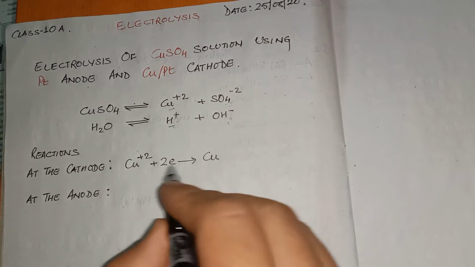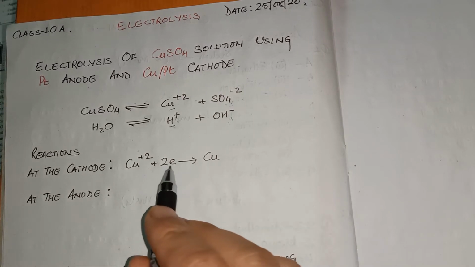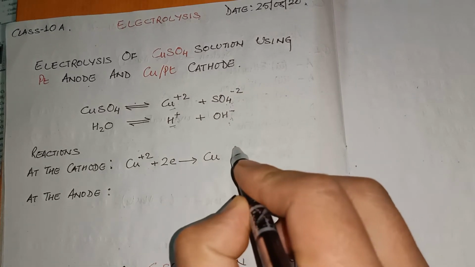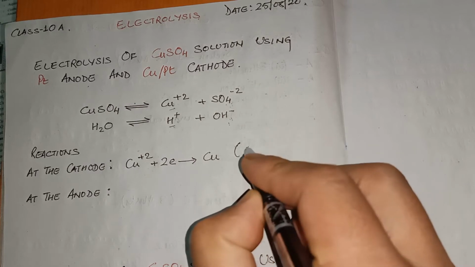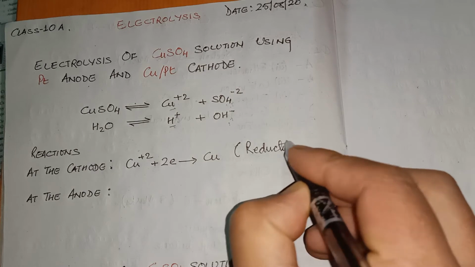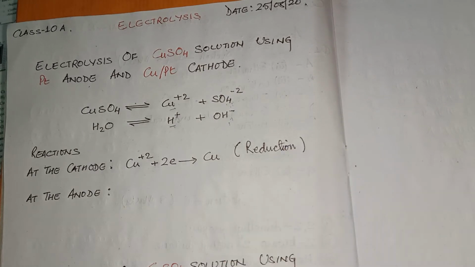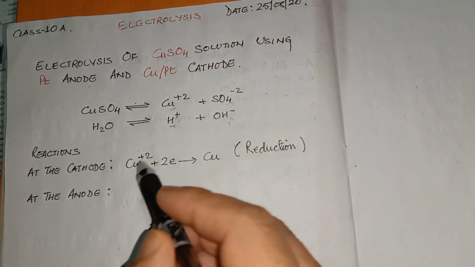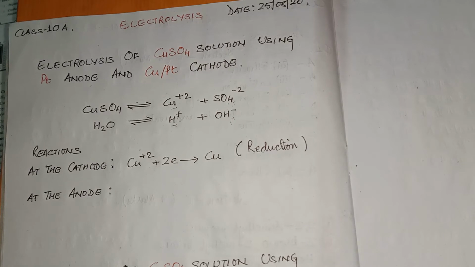Now what type of reaction is this? This is gain of electrons, so it is reduction.